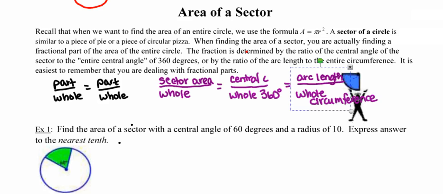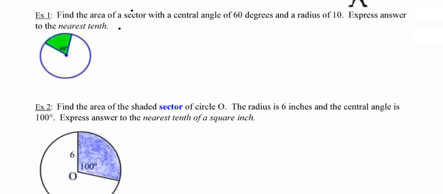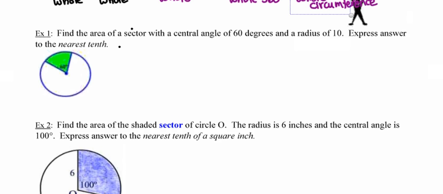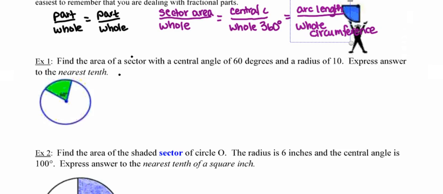All right, so speaking of problems, let's go ahead and take a look at how one of these might look. In number one, it says find the area of a sector with a central angle of 60 degrees and a radius of 10. Express your answer to the nearest tenth. So I'm looking at a sector, so I want to use this first ratio, and a central angle.